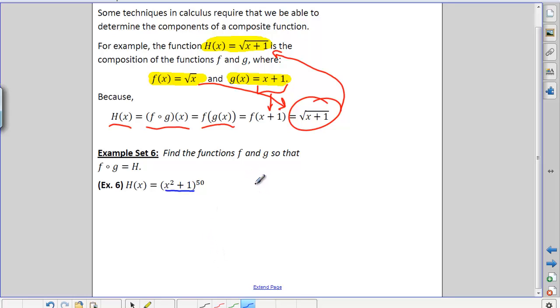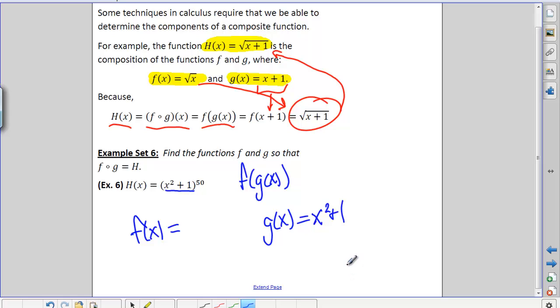So let's call that, now remember, for our f of g of x, g is the inside, right? So what's happening on the inside? That's the x squared plus 1. Okay, that's the inside piece.